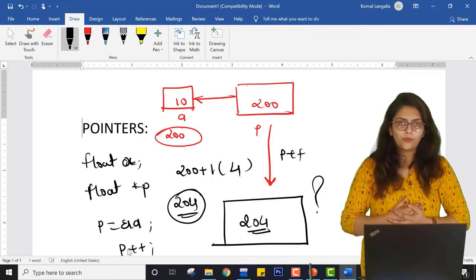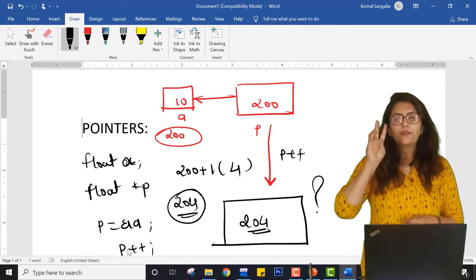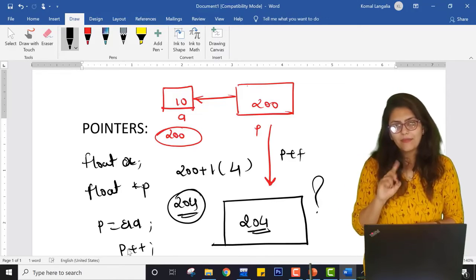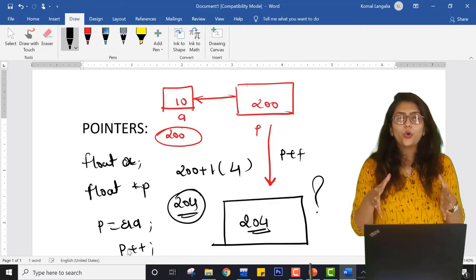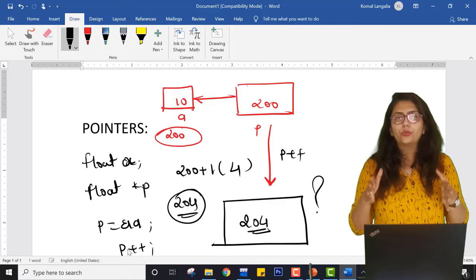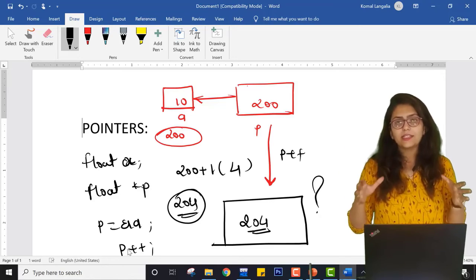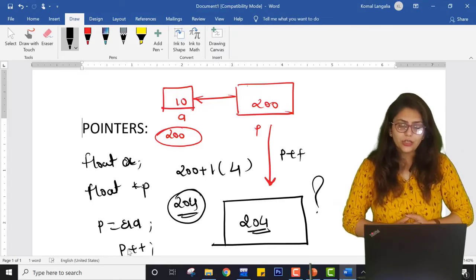From this I can say that integer will have scaling factor 2, character will have scaling factor 1, float will have scaling factor 4, and double will have scaling factor 8. If you don't know these values, you can go through my data type videos, where I have mentioned the size occupied by each particular data type. So this is all about the scaling factor and pointers.